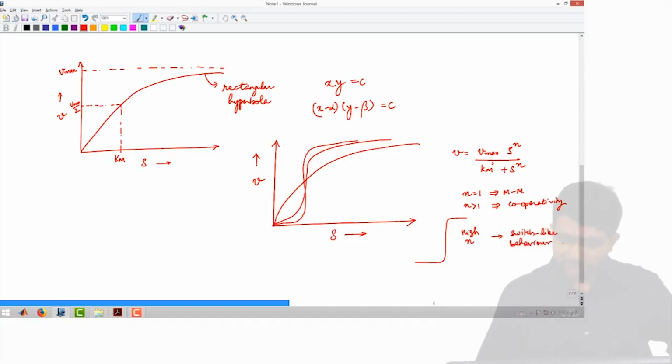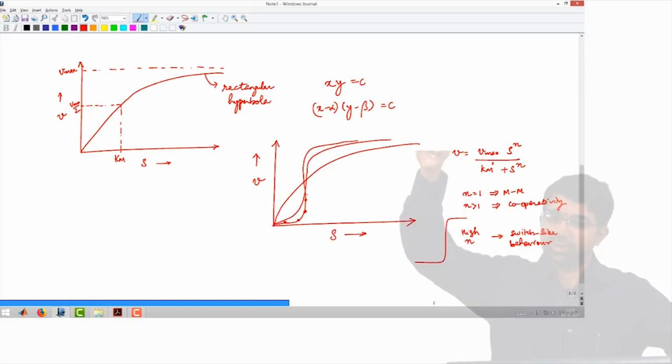right. But what is it that you actually see on this curve, right? Just look at this curve. When you have more substrate, the reaction really starts proceeding faster, right.